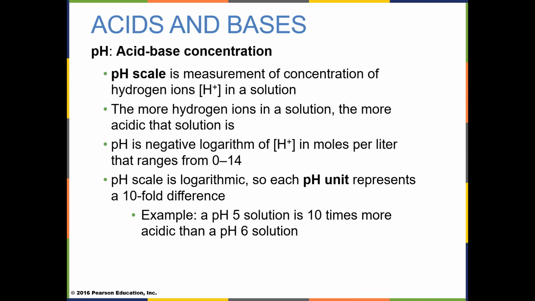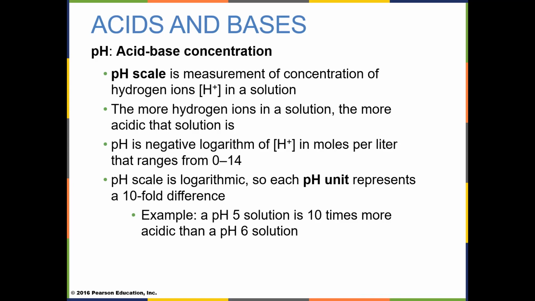For every number we drop, going from 6 to 5, there's a 10-fold increase in hydrogen ions. We go from 5 to 4, there's 10 times more hydrogen ions in 4 than there were in 5. So 4 has 10 times more hydrogen ions than 5, 100 times more than 6, and 1,000 times more hydrogen ions than 7.